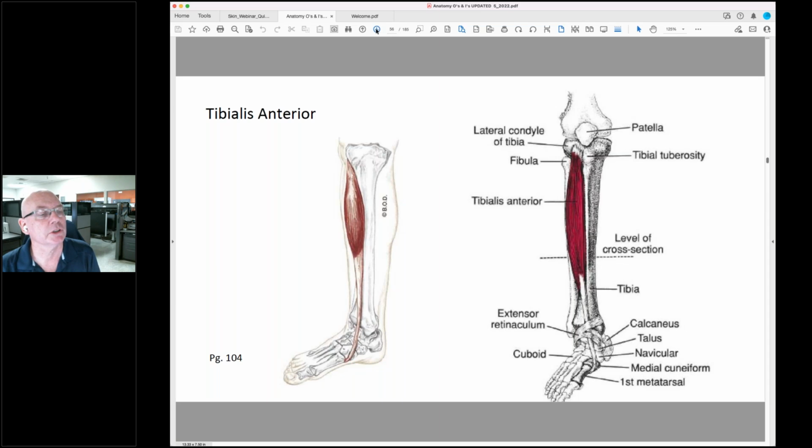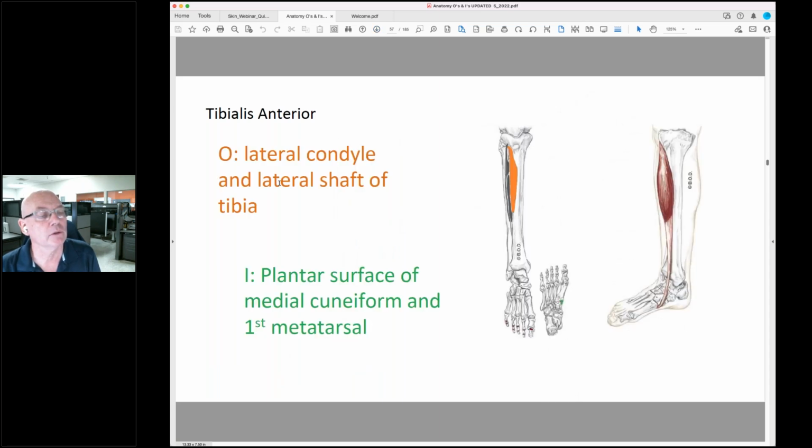Origins and insertions. Lateral condyle and lateral shaft of the tibia. Okay, lateral condyle and lateral shaft of the tibia is the origin. This whole thing here. So you can see where it's connecting, their origin.